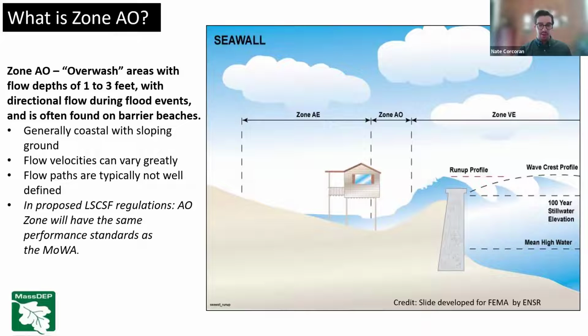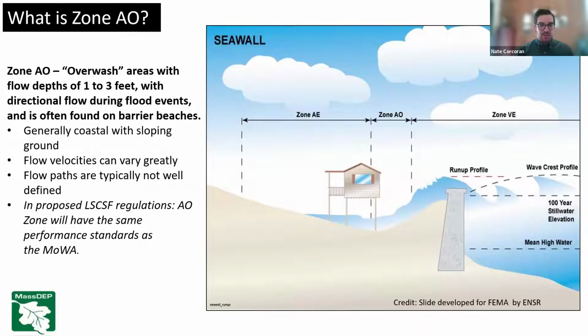Oftentimes, because this water is moving with a velocity, if there's houses or structures that are close together, you can channelize that flood water and increase the velocity of the flood water. And that's something to look out for when permitting projects in AO zones, and it's something that really want to be avoided.